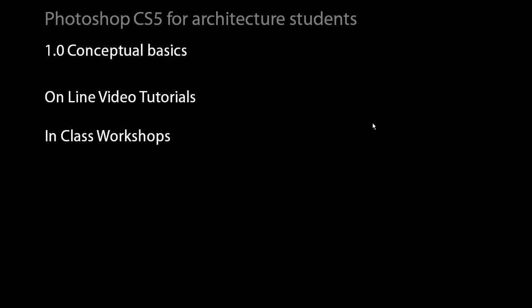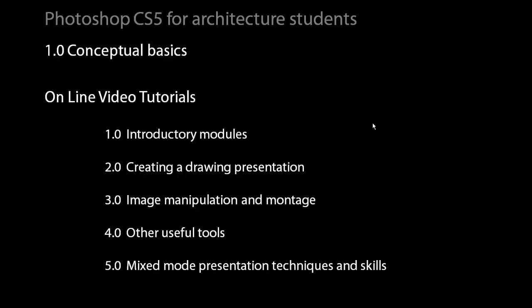Taking an overview of the Photoshop for Architecture Students course, the main elements are comprised of the online modules in combination with some in-class workshops. The online video tutorials for Photoshop will be broken down into 5 main thematic areas, with a sequential series of online videos associated with them.